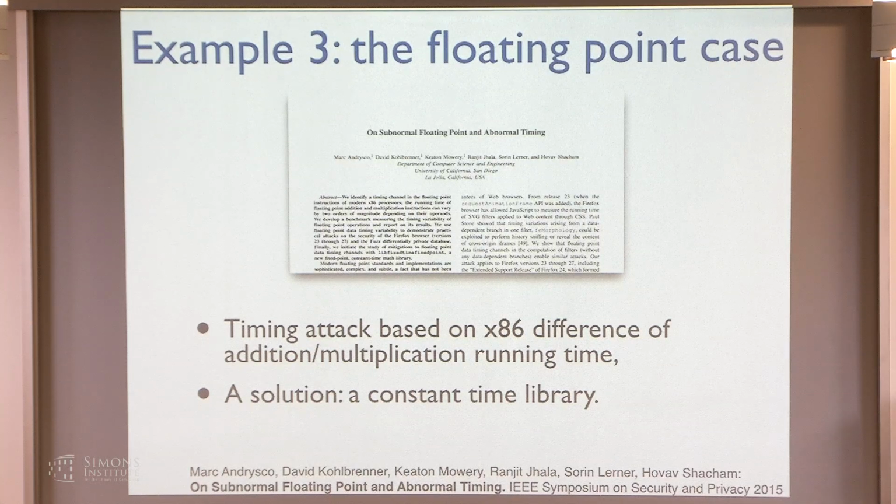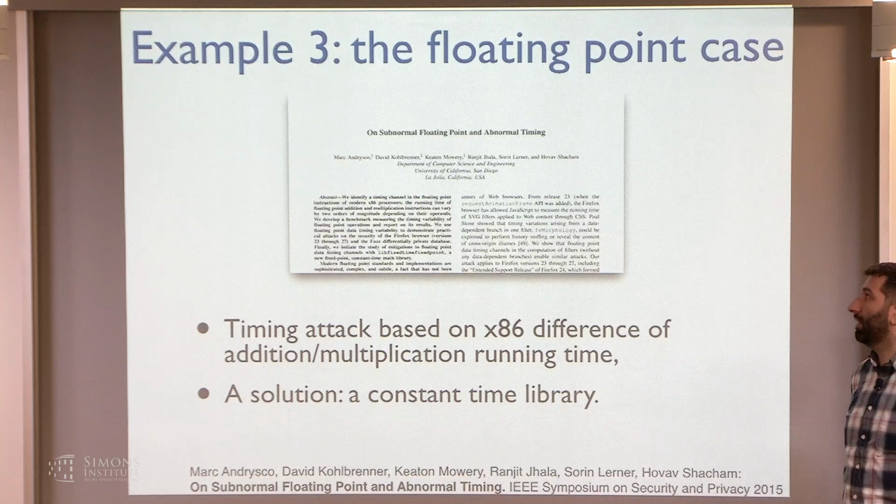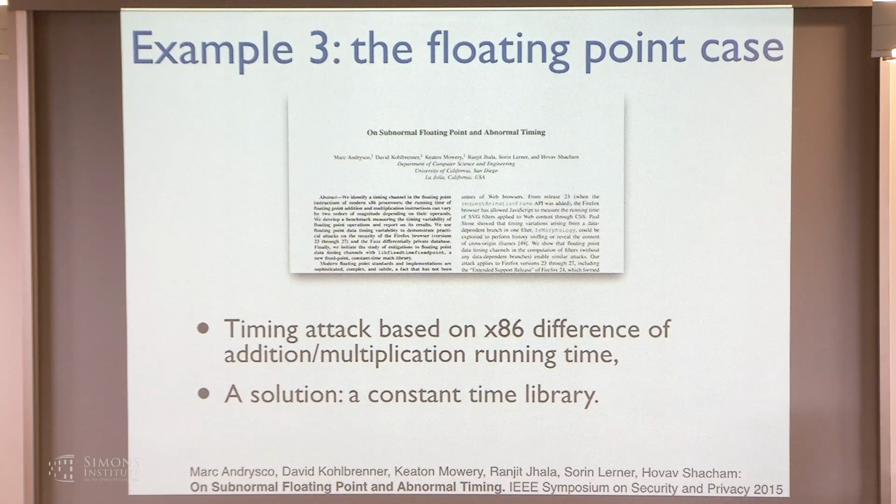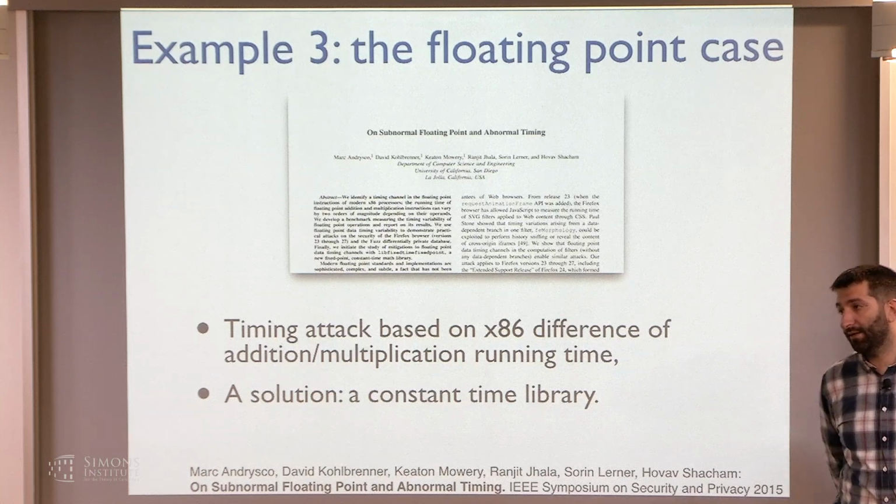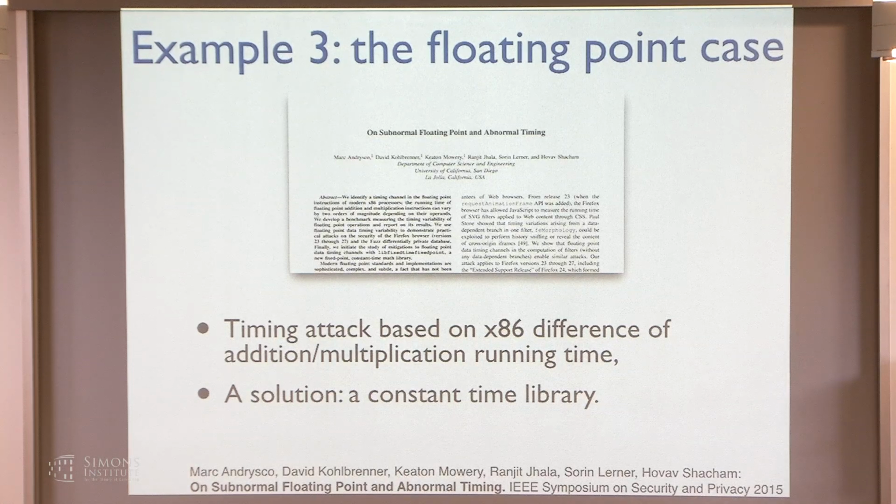For instance, some people made an attack on some of the languages I will discuss, based on timing attack. Although some of them took care of the high-level timing channel, at the low level, looking at the floating point implementation again, these people were able to do an attack. So we need to be careful.